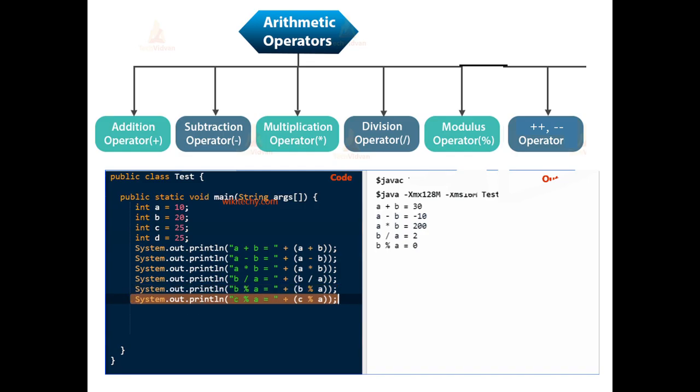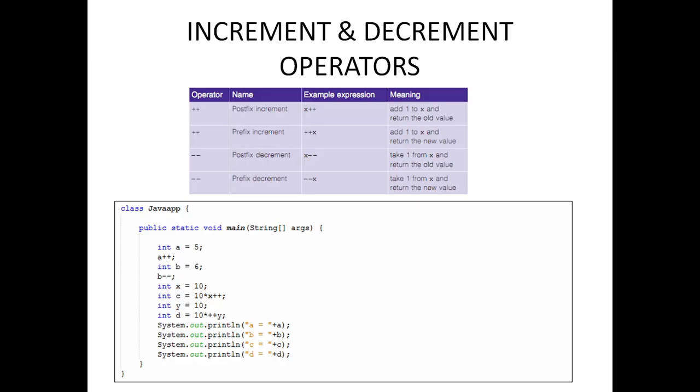Next see unary operators, increment and decrement operators. The plus plus is for increment operator, minus minus is for decrement operator. If the expression is written like this, with the variable before the increment operator, it is called postfix expression. If it comes next to the increment operator, it is prefix increment.